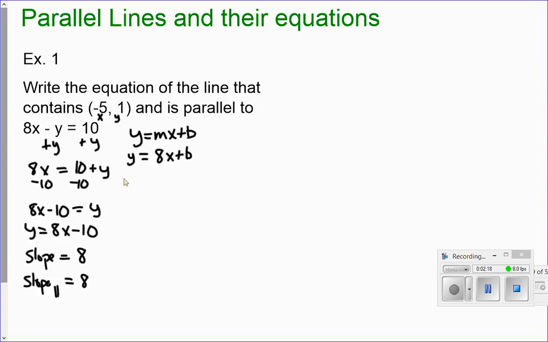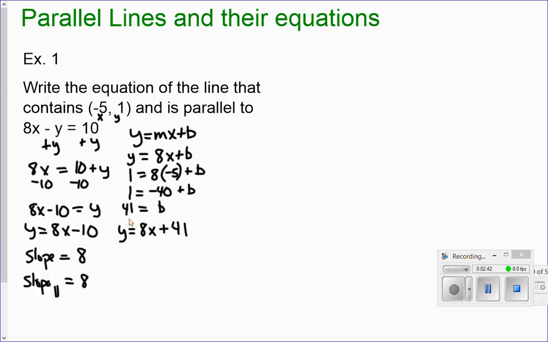So that means I'm going to put 1 in for y and -5 in for x. And I'll solve for b. So 1 equals -40 plus b. So adding 40 to both sides, I'm getting b equals 41. So our equation is y equals 8x plus 41. So that is the equation for the line that goes through this point and is parallel to this line.